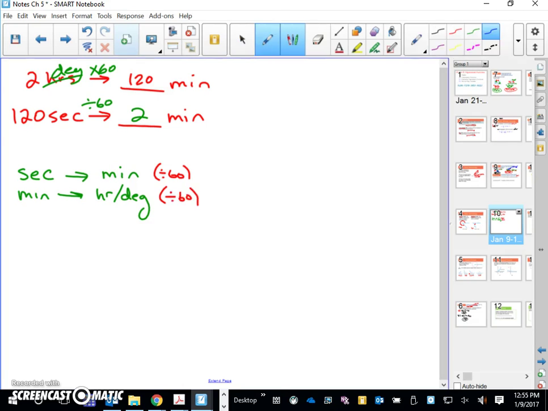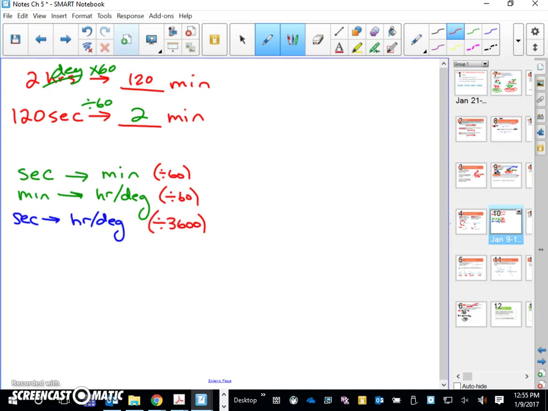So what if we went from seconds all the way to hours or degrees? What ends up happening this time is we're dividing by 60 twice. You'd have to divide by 60 and then divide by 60 again. So in essence, that is 3,600.